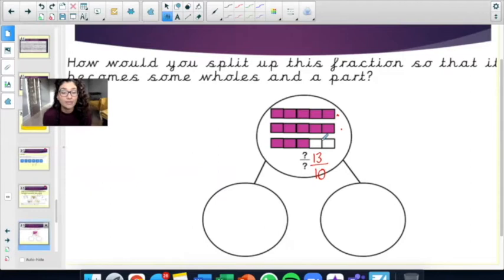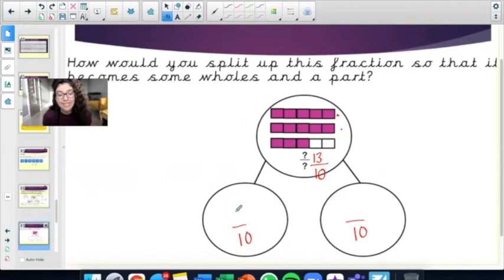And the way that I would divide this so that there are some whole and a part would be to look at the denominator, and that is going to be the same in both cases. Now, what did I say about making a whole? I mentioned before that in order to make a whole, the denominator has to be the exact same as the numerator.